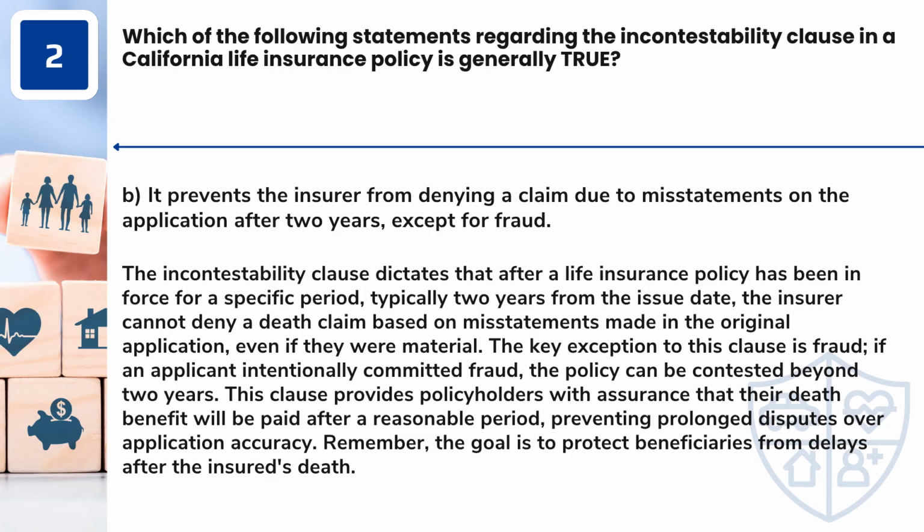The key exception to this clause is fraud. If an applicant intentionally committed fraud, the policy can be contested beyond 2 years. This clause provides policyholders with assurance that their death benefit will be paid after a reasonable period, preventing prolonged disputes over application accuracy. Remember, the goal is to protect beneficiaries from delays after the insured's death.